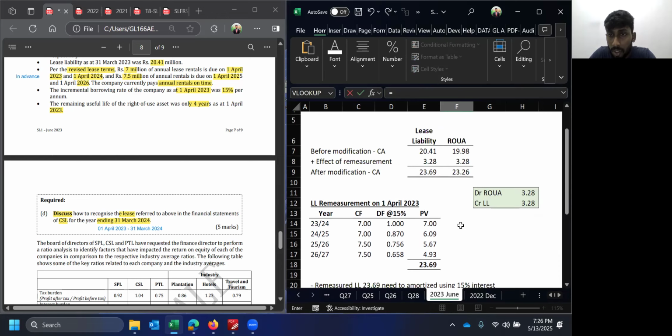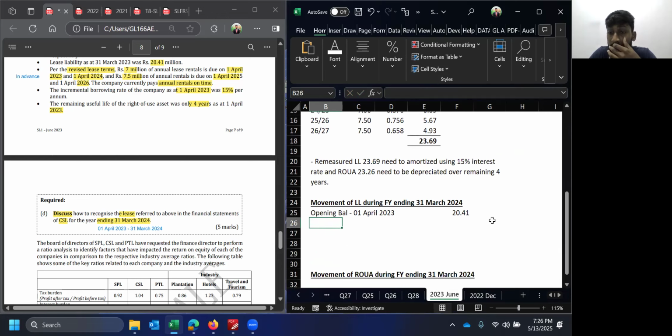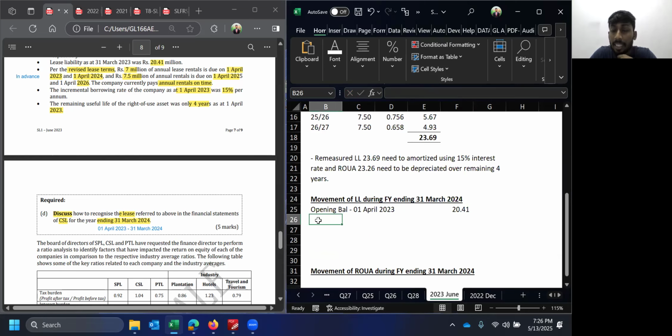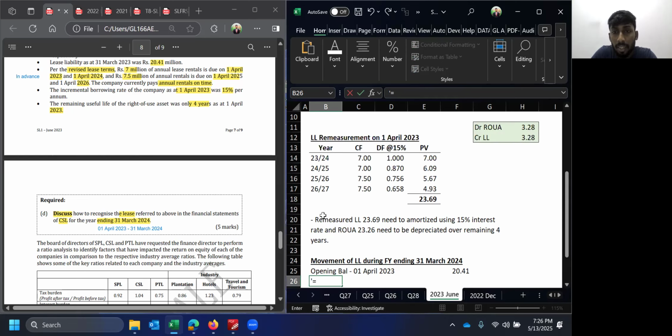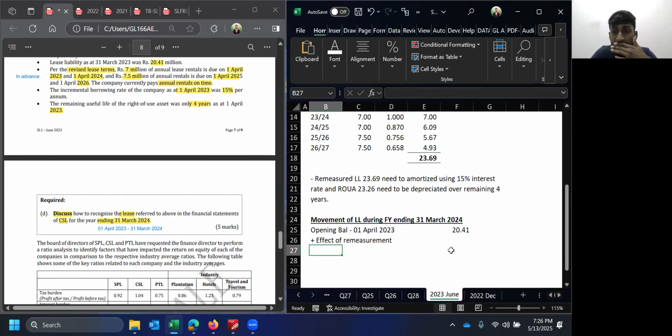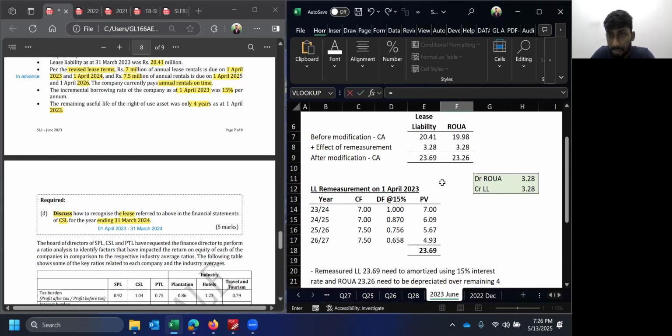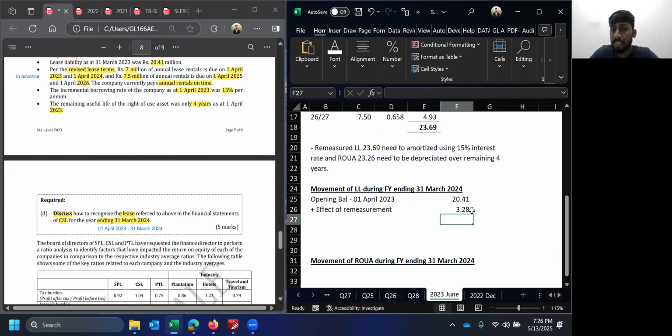Therefore, my opening lease liability is 20.41. Then I need to adjust the effect of remeasurement. How much? It is 3.28. So now I have 23.69.